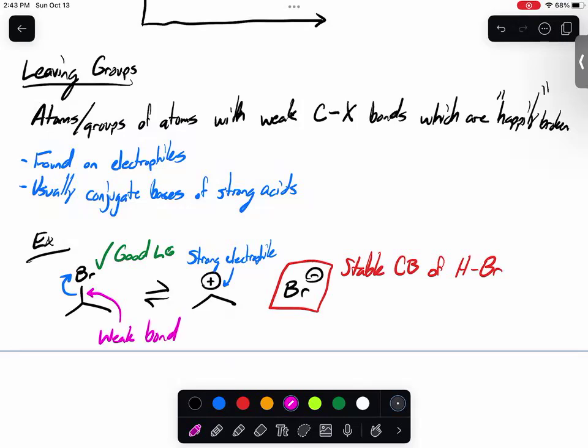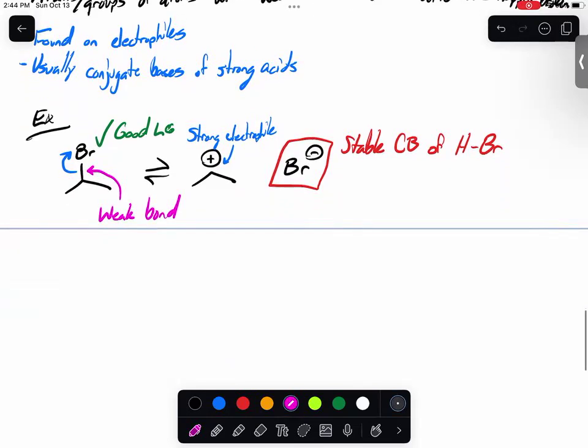This is contrasted with something like an alcohol, right? That OH bond. If we tried to do the same thing with this, right, breaking the bond and giving the electrons to the oxygen, we would make that positively charged carbon, the exact same as we did before. But then we have OH minus, right?